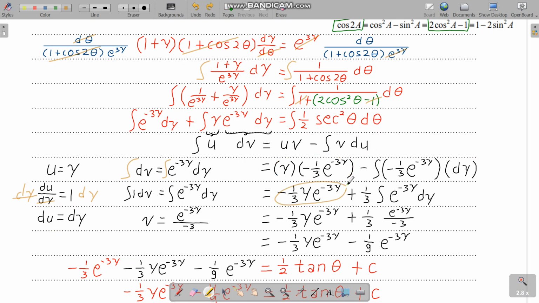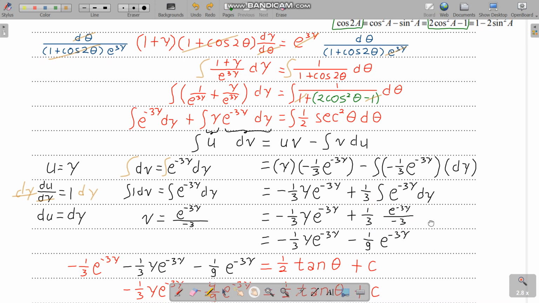Minus 1/3 y e to the minus 3y, plus, pull out the 1/3 out of the integration. We still need to integrate e to the power of minus 3y. Just like this, we get e to the power of minus 3y divided by minus 3. This is 1 over minus 9, and we're done with the integration.